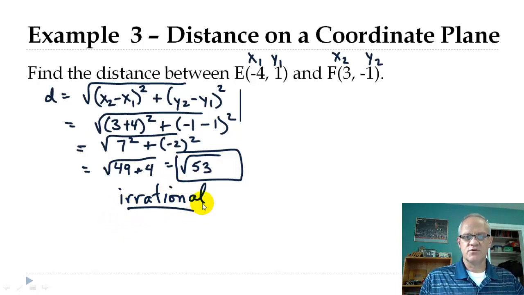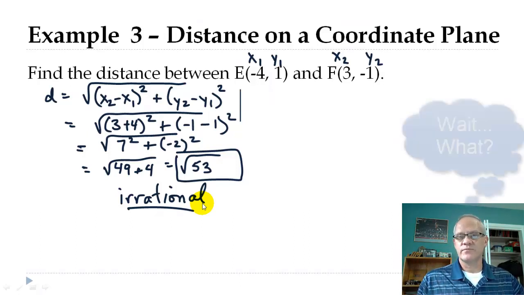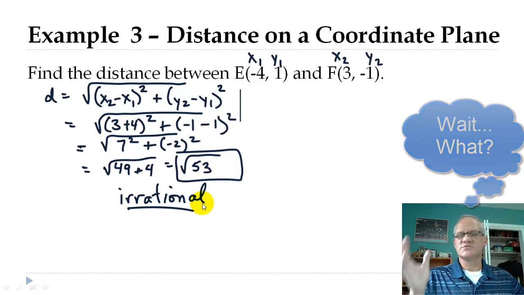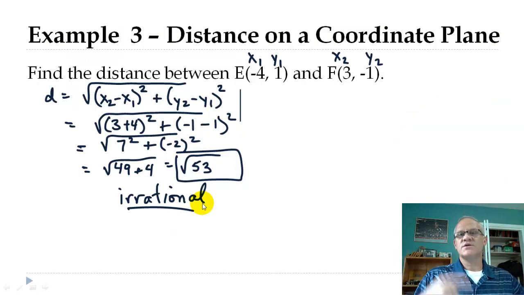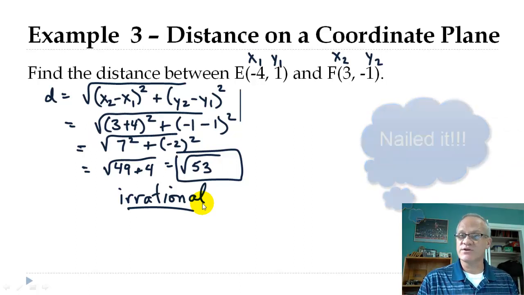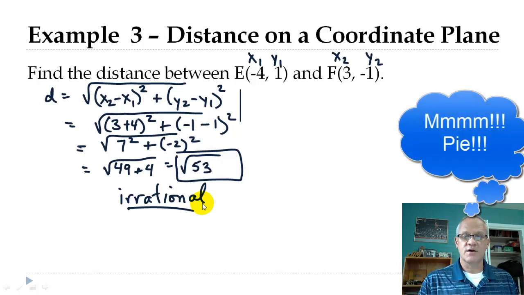You might have heard of that before, but if something's irrational, it doesn't have a decimal that terminates or repeats. The decimal will just continue on forever. A good example of an irrational number is pi. Pi goes on and on forever. Okay?